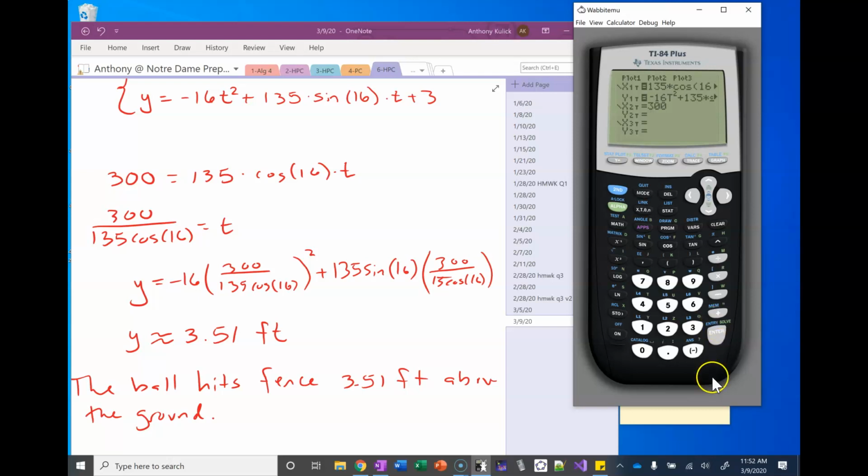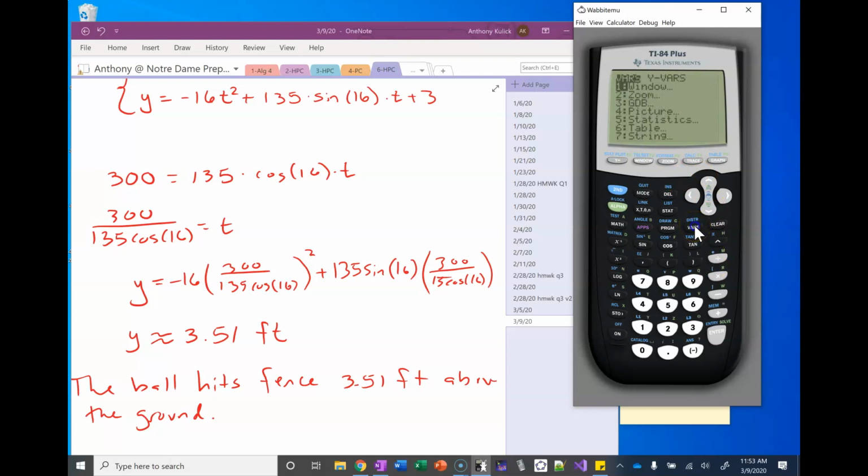So the way that we're going to do that is I'm going to do 15 divided by the variable t max. So I need to retrieve the variable t max.